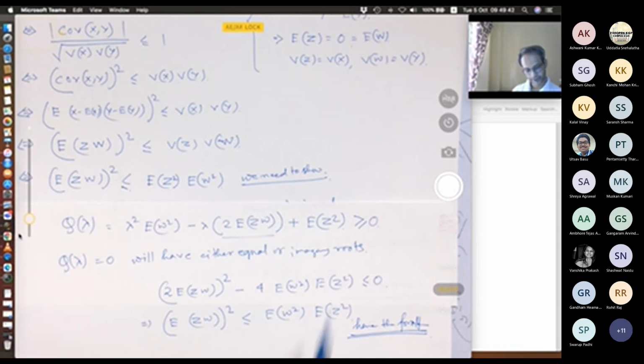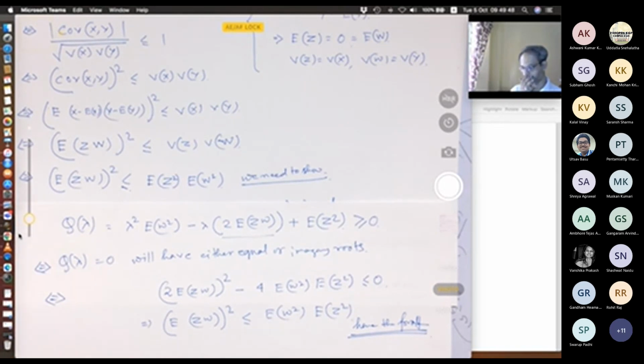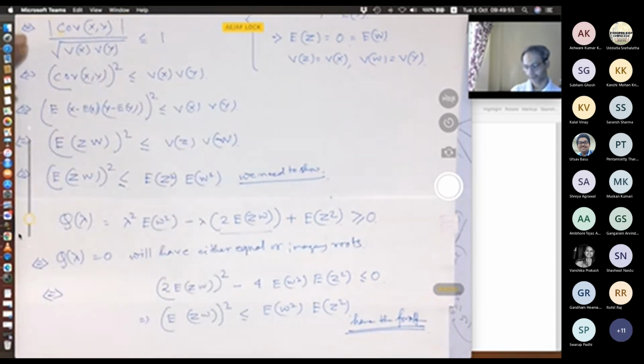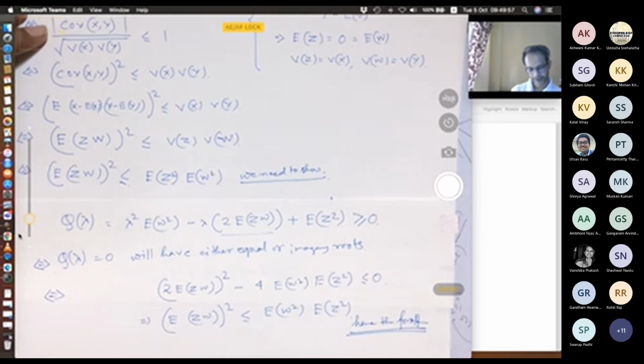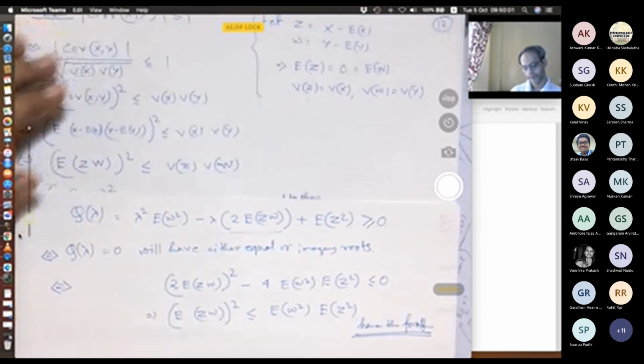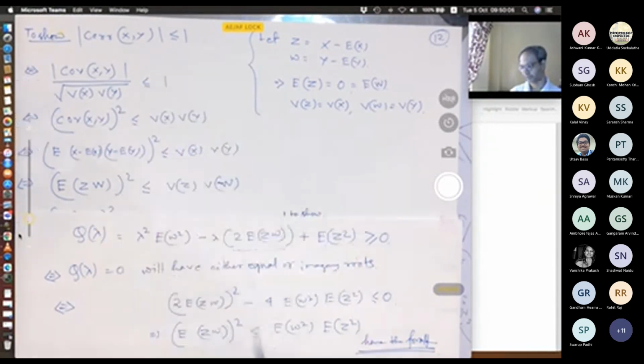So this is greater than or equal to 0, implied and implied by this. And that eventually means that the correlation of XY is bounded between -1 and +1.